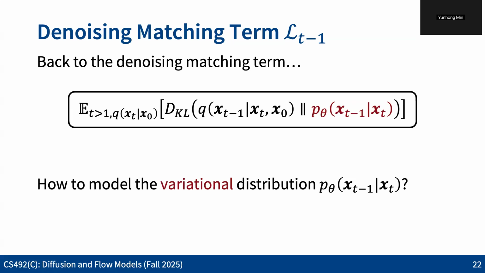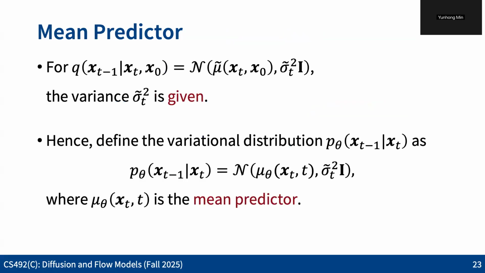Which means that in modeling the reverse diffusion distribution, what we need to do is make this reverse transition distribution another Gaussian distribution, obviously, because we want to match this to this one. And since we want to match this to this, we can set the same covariance here.